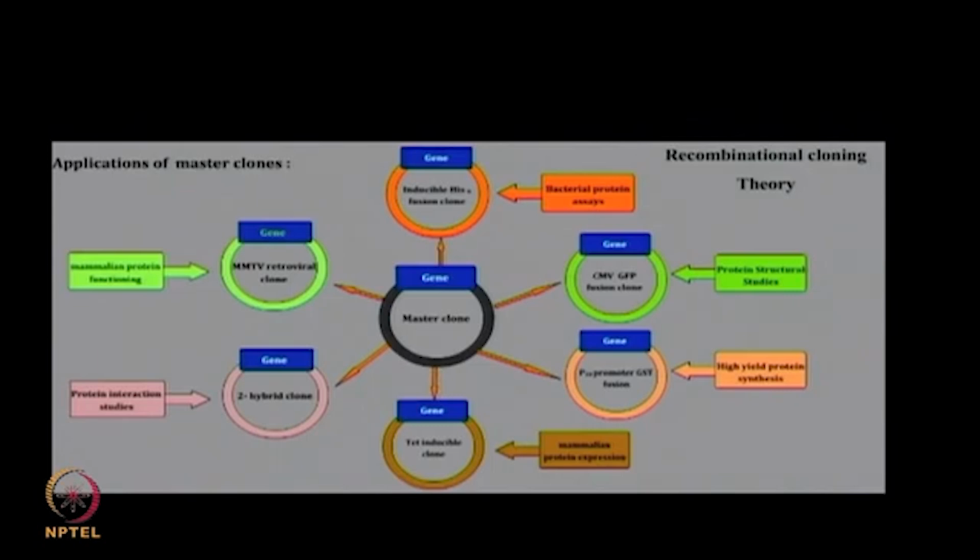Proteins can be efficiently expressed in bacterial, yeast and mammalian systems and used for a variety of applications such as structural and functional studies, protein interaction studies, protein assays, producing high yield of protein for experimentation, etc. The rapid recombination between clones that is possible with the gateway system cannot be done by using conventional cloning techniques, due to which this recombinational cloning protocol is now widely used.